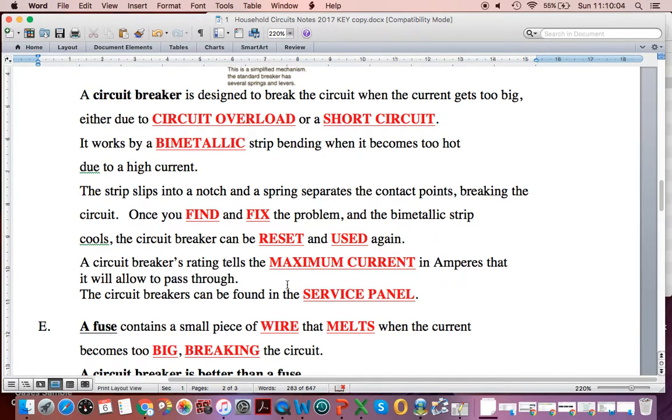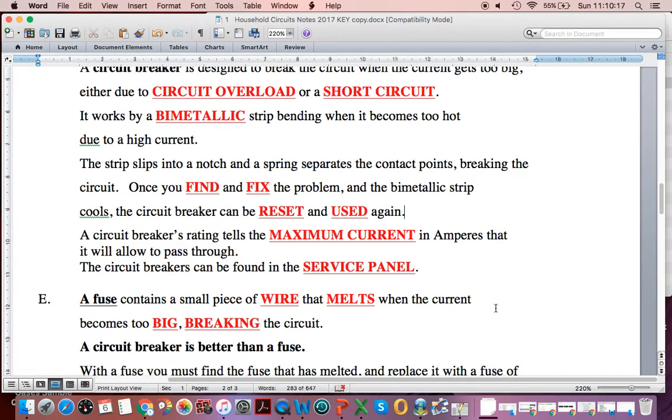Each circuit breaker will have a rating that tells you the maximum current, measured in amperes, that can pass through that circuit breaker before it will trip. So circuit breakers are found in the service panel. A fuse has the same function, but a big disadvantage is once it's blown, that means it's melted, it can't be reused.